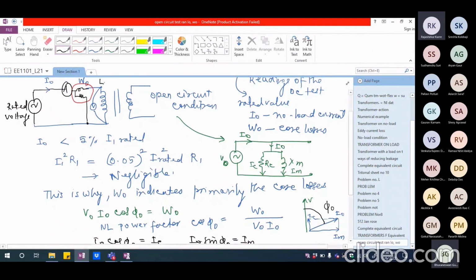So if I say that this is going to be my low voltage winding, I would prefer to always apply the lower voltage rather than the higher voltage. If I say that I'm going to have 100 by 200 volts, I will definitely have a 100 volt source as well as a 200 volt source. It's quite easy to find these sources.